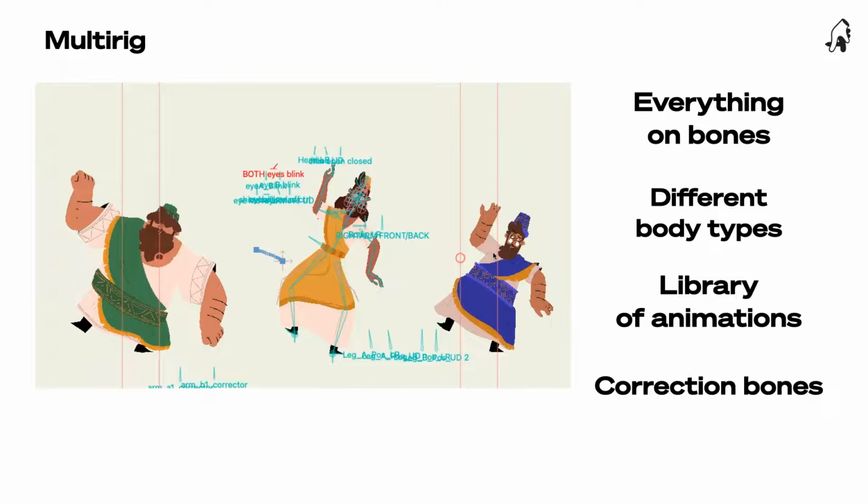We can do it on different body types, and it will allow us to create a library of animations, because in this range of animations that we are doing, the animations are pretty repeatable, I can say, because we always need a walk cycle, or the character which is looking for something, or the character which is talking, or just simply it is there and it needs to do something just to not be boring.